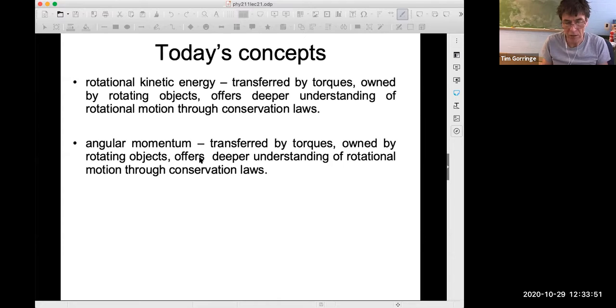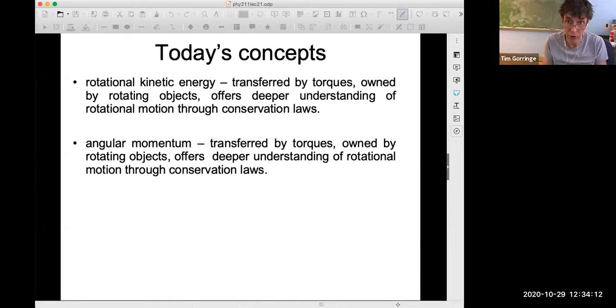The other big concept in today's class is angular momentum. Angular momentum is also something that's possessed by a rotating object, a rotating rigid body. It's a characteristic of a rotating object or rotating rigid body.